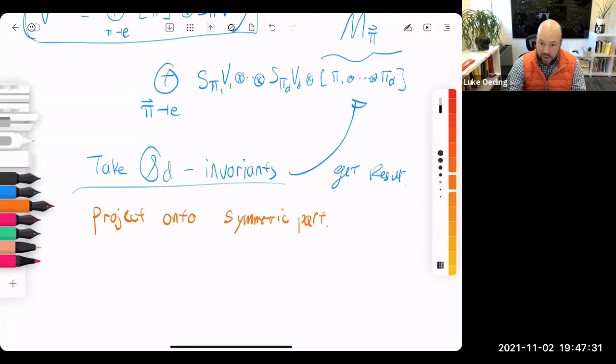So what I can do is I have a basis of a tensor product. I could think about these as their own vector spaces, and they each have a basis of standard tableau. And so then the tensor product of several vector spaces has basis given by the tensor products of the basis elements.